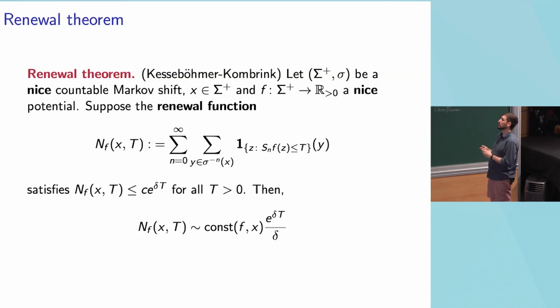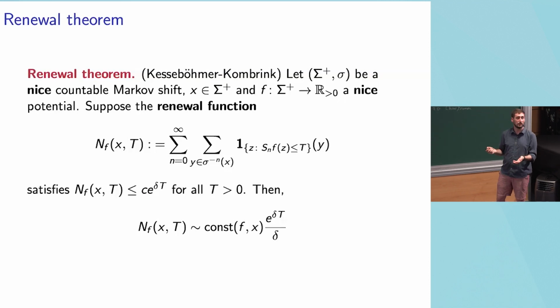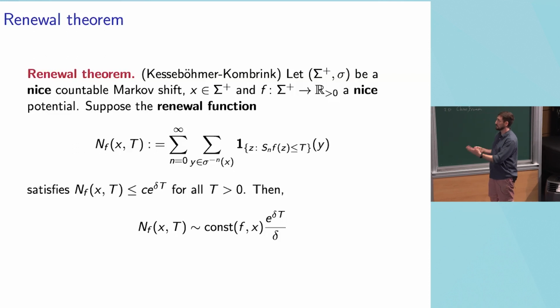And there's a function that Lalley borrowed from probability a few years ago, which is called a renewal function. And so this renewal function is going to give us a foot in the door when we're trying to count. It's going to be a way to count some subsets of the shift.